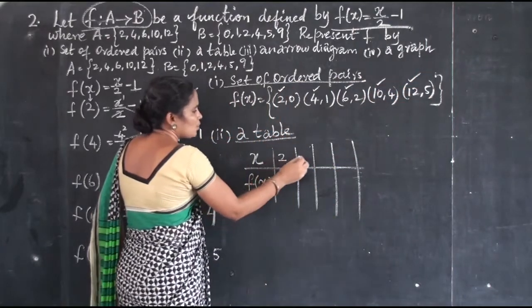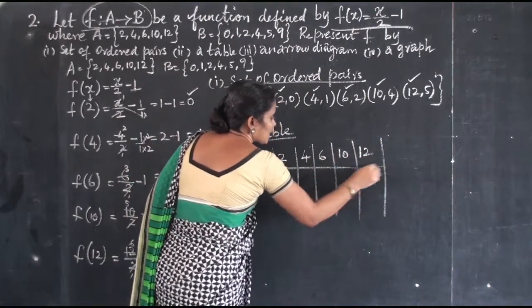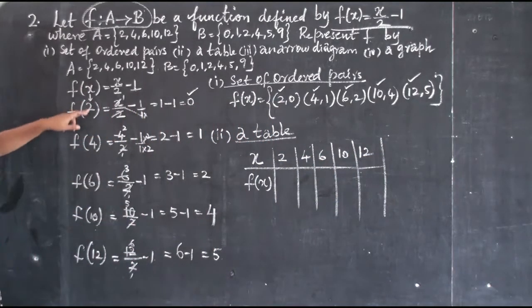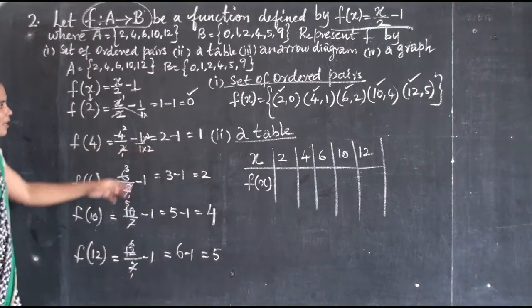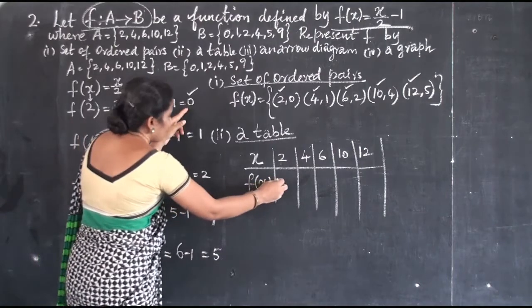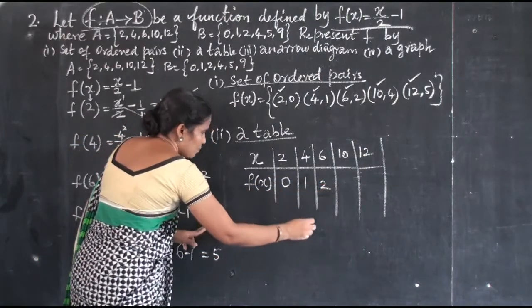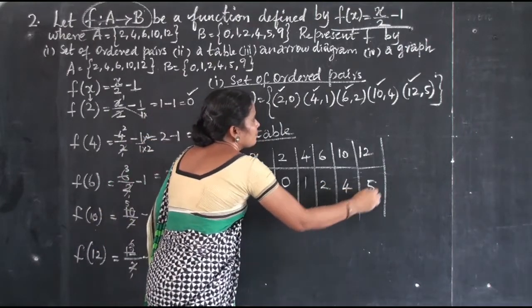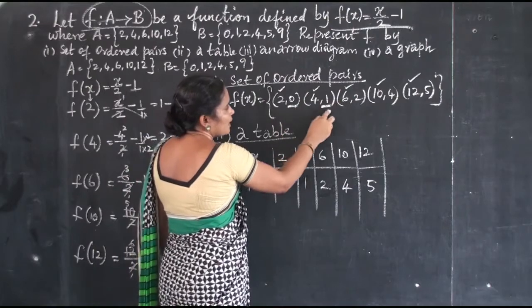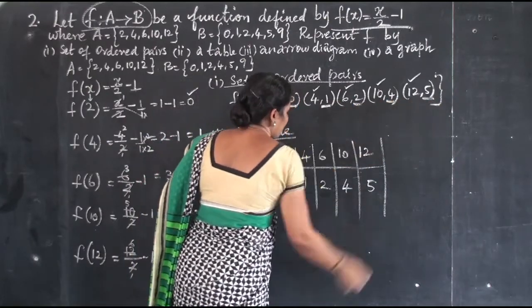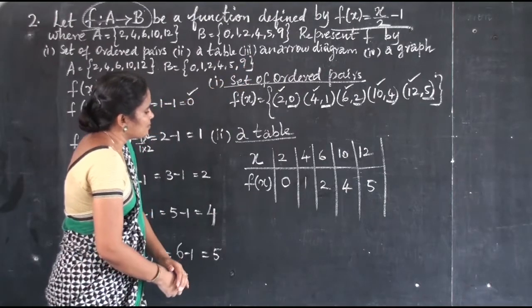And for f of x: 0, 1, 2, 4 and 5. Okay. And now let us see the arrow diagram.